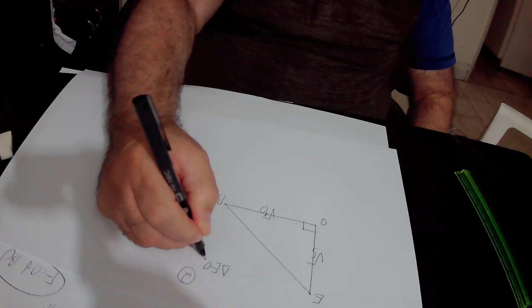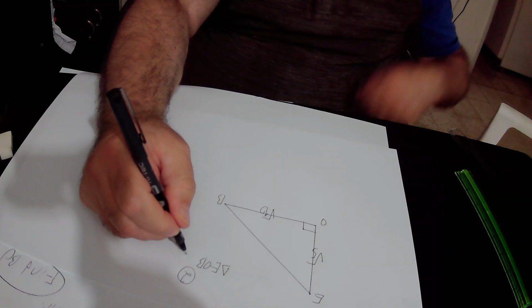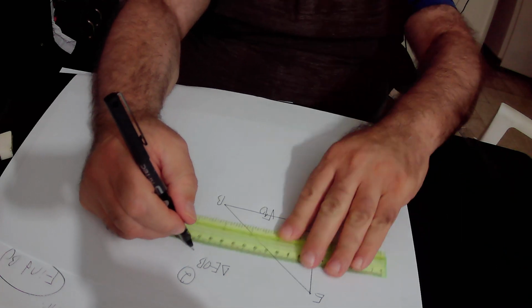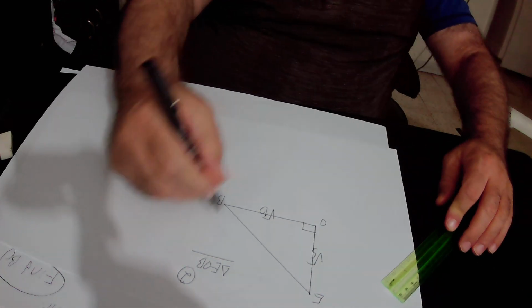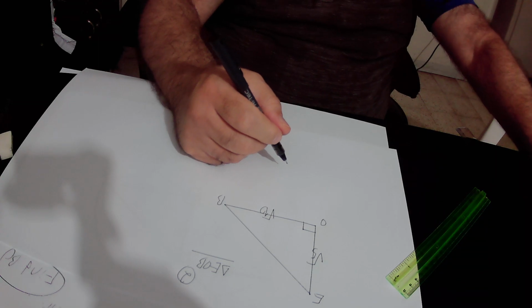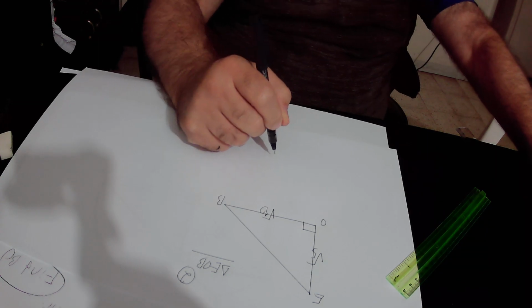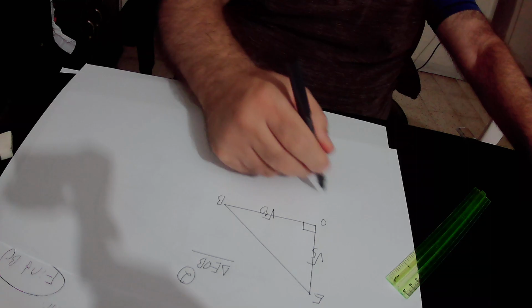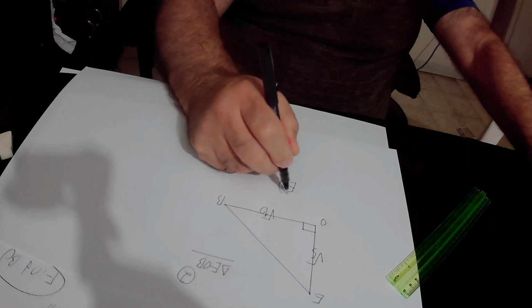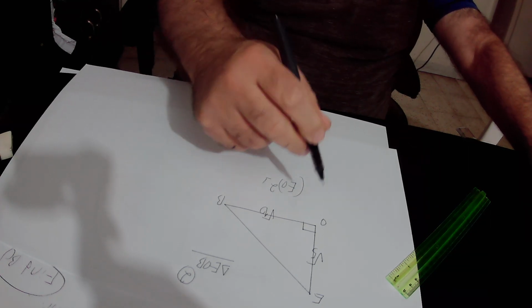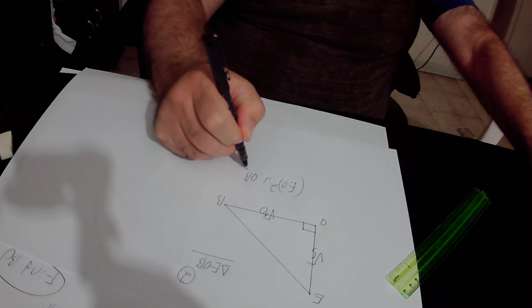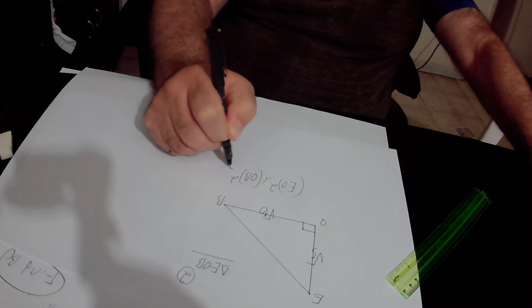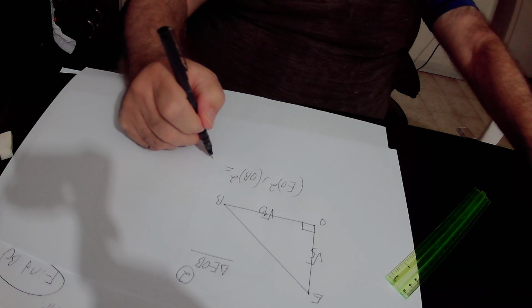Now we will implement the Pythagoras theorem on this right triangle EOB. According to the Pythagoras theorem, the square of the hypotenuse equals the sum of the squares of the perpendiculars. That is to say, EO square plus OB square equals EB square.